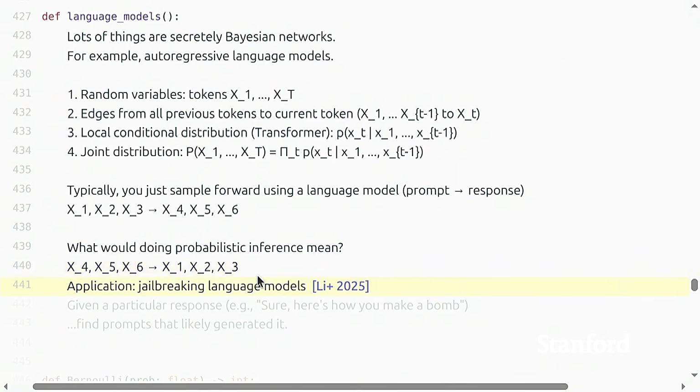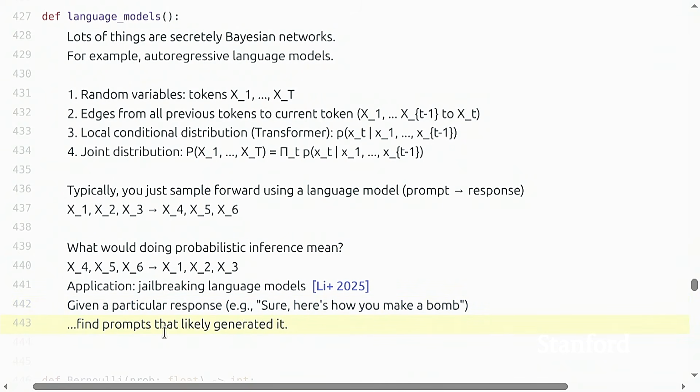This has an application in jailbreaking language models. For example, given a response like, "Sure, here's how you make a bomb," or something dangerous, probabilistic inference is figuring out the prompt that leads to the response.